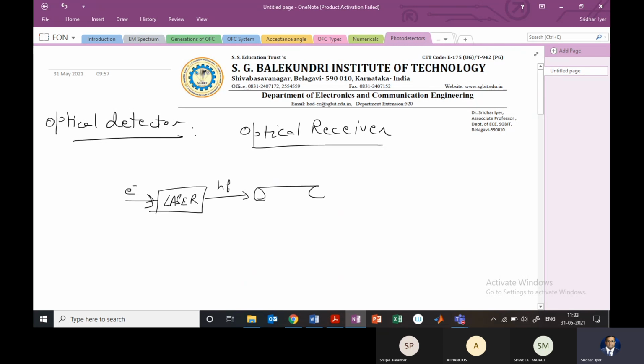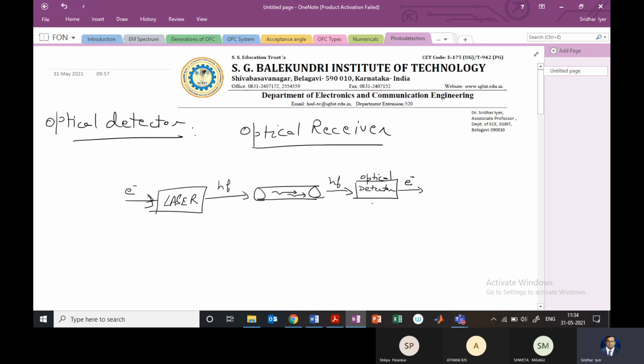And then we have the optical fiber through which light is going to propagate. Now at this end, we need what is known as a detector. If I want to be more specific, an optical detector, which will get photons as input, and its job should be to convert this back into the current, that is e minus, right?